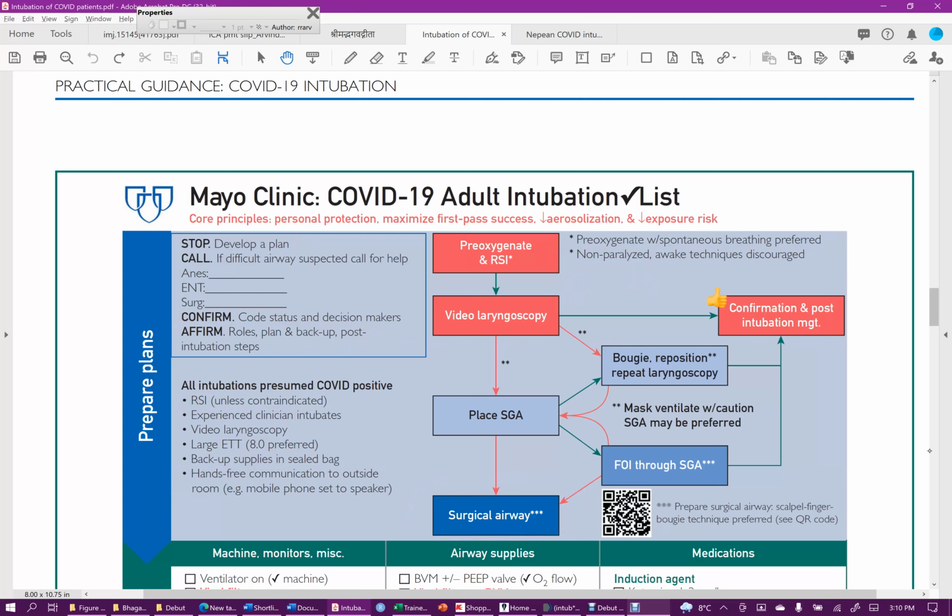Use video laryngoscopy. Earlier use of a supraglottic airway such as an LMA. Rapid sequence intubation, which is something we've covered before. And then communication to the outside. That's all. If you think about it, the actual process has no difference. All this is about planning.